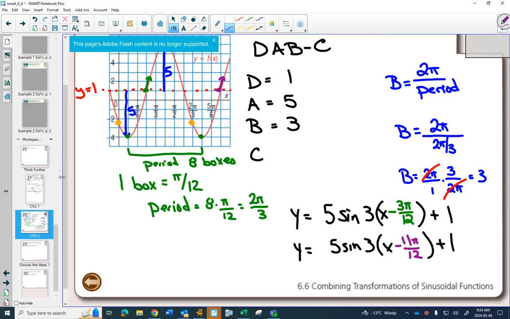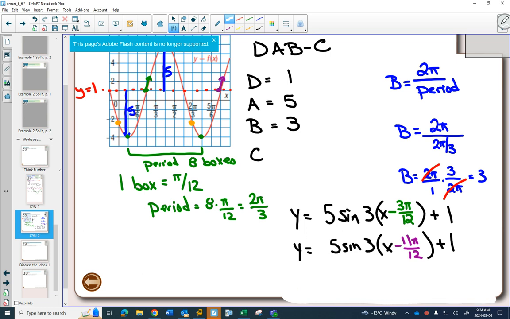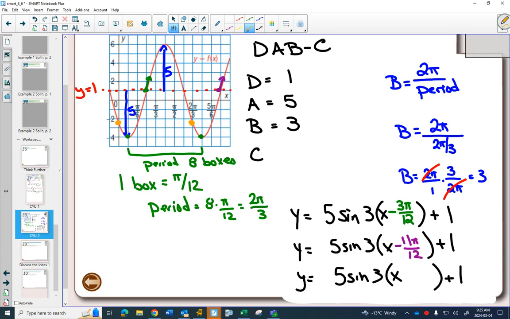Especially if this was a multiple choice question, because sometimes in a multiple choice question, your first answer doesn't show up. And I'm going to show you one more. I'll do this one in orange. Sometimes you can have a sine graph start in the middle going down.